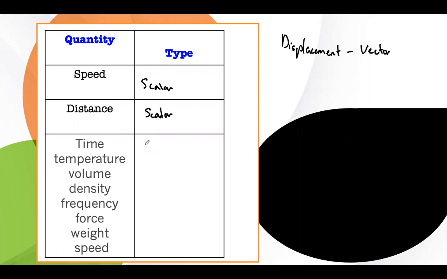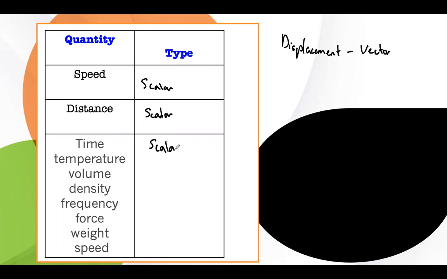Remember, you don't need to write notes, but if you want to, you can go ahead and write them. Anybody want to guess scalar or vector? All right, so scalar.